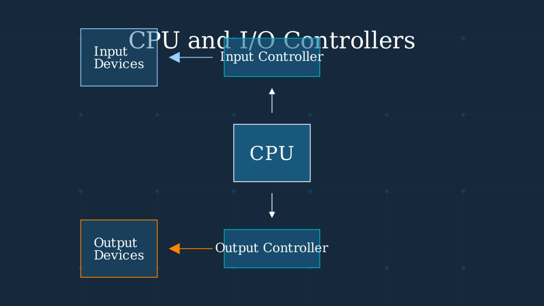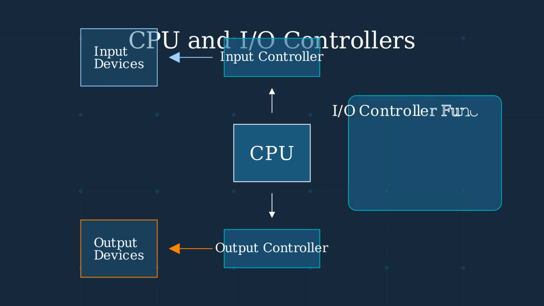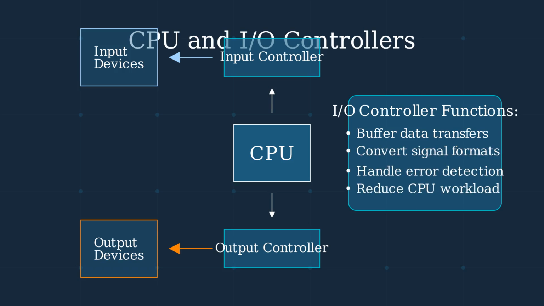Output controllers handle devices like monitors and printers, converting the CPU's digital instructions into appropriate output signals. I/O controllers perform several critical functions that make communication between devices and the CPU more efficient. This controlled data flow allows for seamless interaction between users and machines, making complex computing operations accessible to humans.